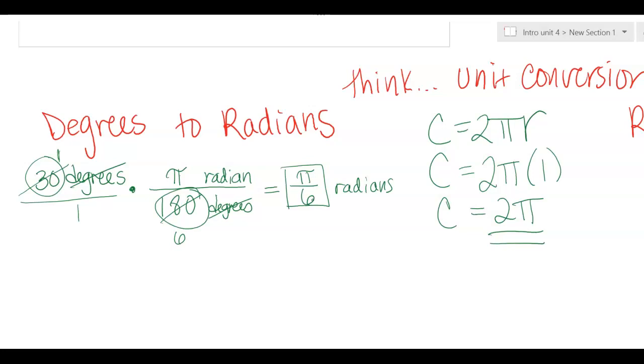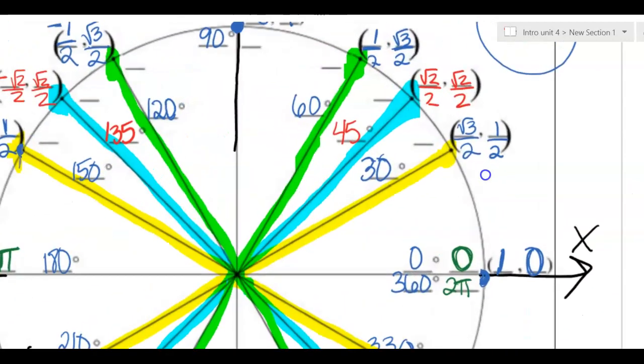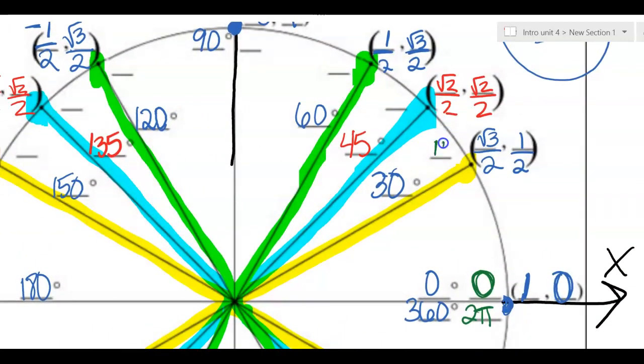So 30 degrees is the same thing as pi over 6 radians, or a sixth of pi. Usually people say pi over 6, but in our heads it makes more sense like it's a sixth of pi. Okay, so let's go back to our unit circle and mark the pi over 6. So 30 degrees is the same thing as having pi over 6 in radians.